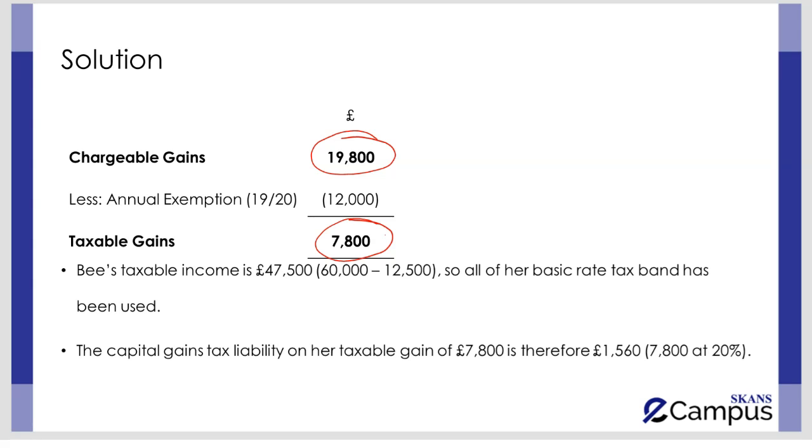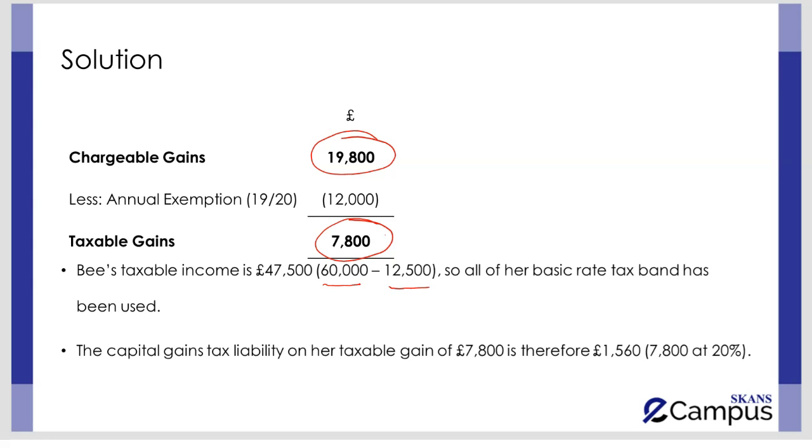But before the application of tax rates, we need to see how much basic rate band has already been used by her for the sake of calculating income tax liability. As you can see in the question, she has got only one source of income, and that's her trading profit of £60,000. So we can also call it net income, because there's no other income found in the question.